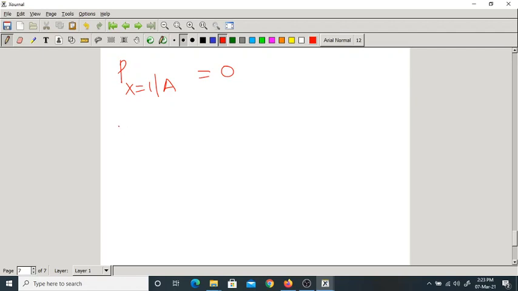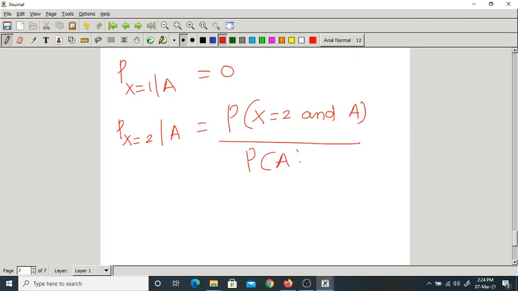Let me take P of X equals 2 given A, which means the probability that X equals 2 and A, divided by P of A. A is an even number. Is 2 an even number? Yes. So what is the probability of getting 2? 1 by 6, all are equiprobable, divided by the probability of A, which we calculated already, 1 by 2.